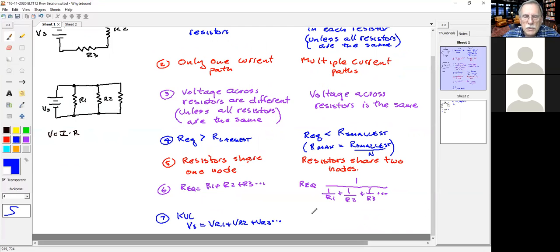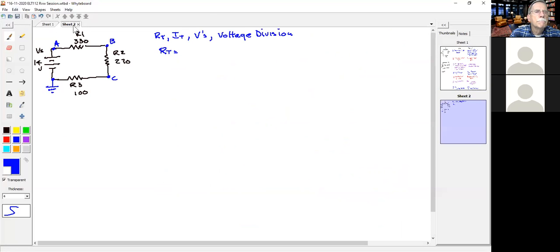And in a parallel circuit, you have Kirchhoff's current law, which says that IT is equal to IR1 plus IR2 plus IR3 for as many as you've got in parallel. Okay, so you got Kirchhoff's voltage law for the series circuits, Kirchhoff's current law for the parallel circuits. All right.